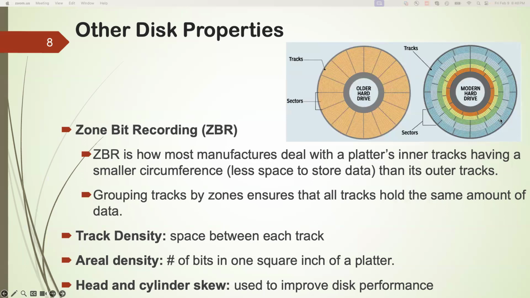From this picture, you can see this zone, say zone 3, which is in orange color. It consists of four or five different tracks. All the tracks that are in one zone will have the same number of sectors.